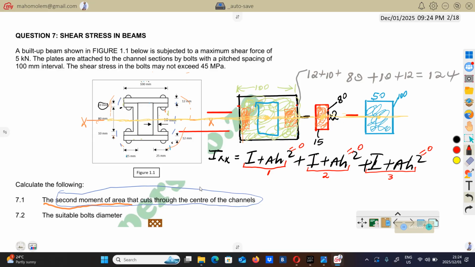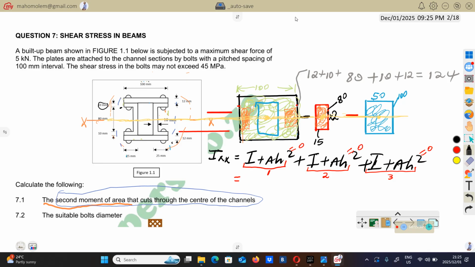Now we know that to calculate I for a rectangle, we use BD cubed over 12. As I've said, I won't really go into the basics. I equals BD cubed over 12. I said that B is going to be the side.